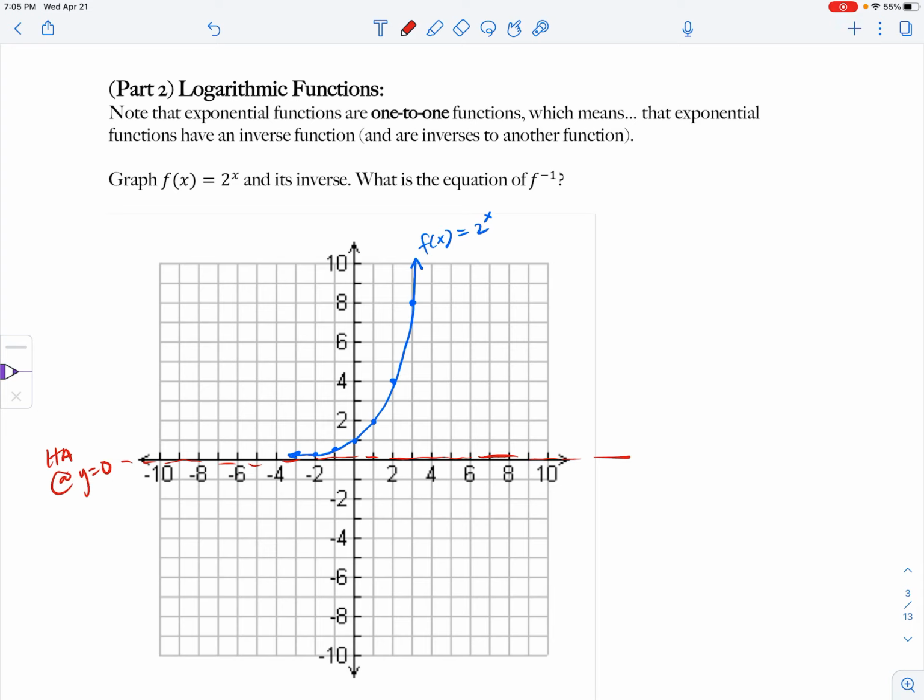Now, we can determine what f inverse looks like just from switching all the x and the y coordinates, right? Because when two functions are inverses of each other, it means that their domain and range flip-flop. So the domain of one function is actually the range of the other function.